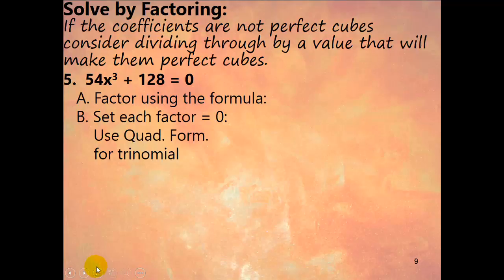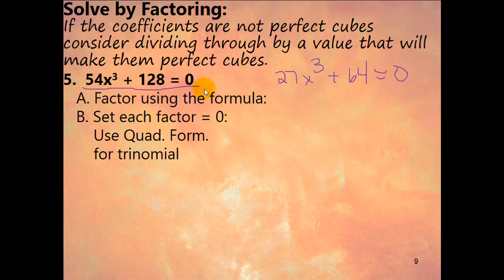So notice that if I divide everything through by 2, I can get 27x cubed plus 64 equals 0. Okay, this is a perfect cube and this is a perfect cube. 27x cubed is a perfect cube, 64 is a perfect cube. I'm going to get the same results as this one.